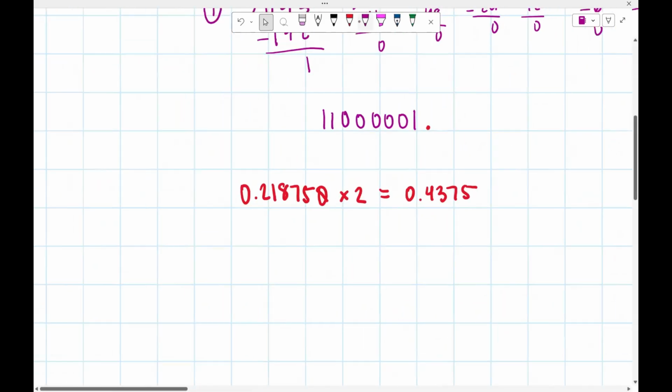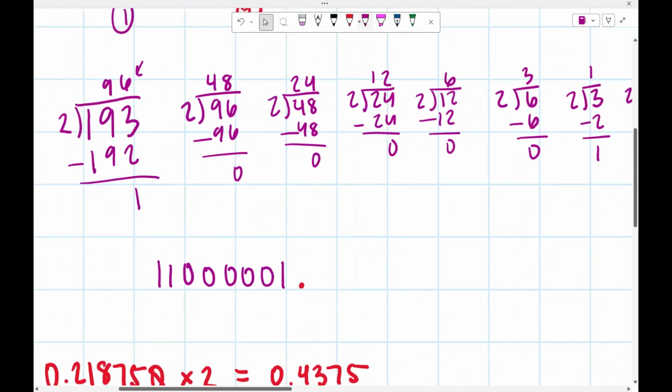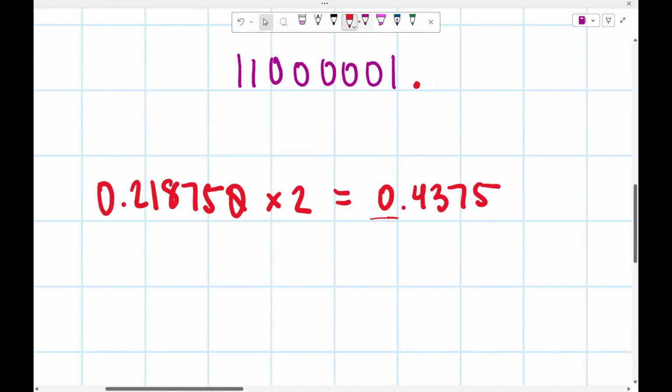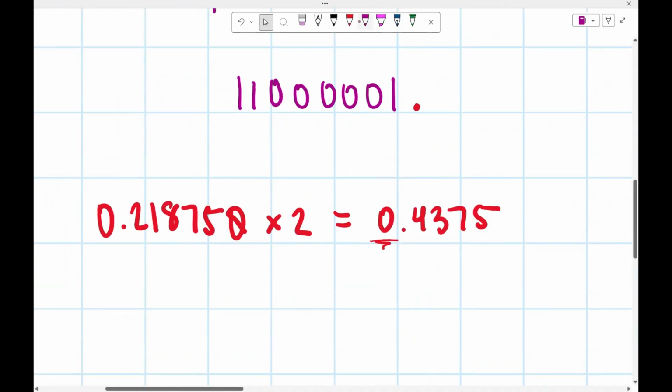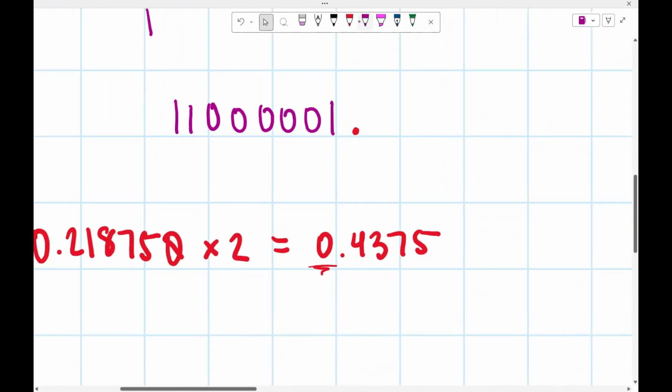Before, we were looking at the remainders as the bits we were keeping. But now, instead, we're going to look at the first whole number bit. That's the bit we will keep and remember.